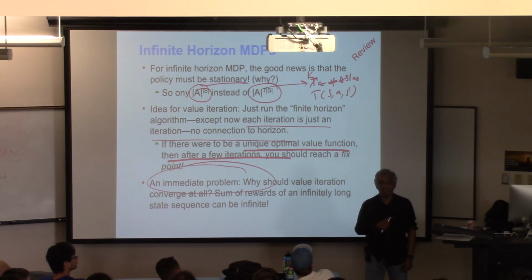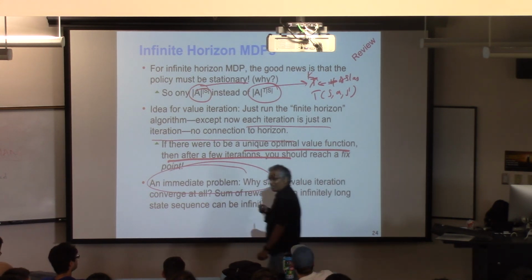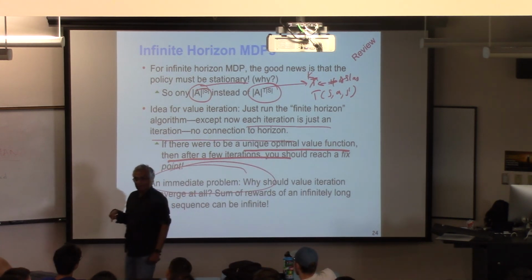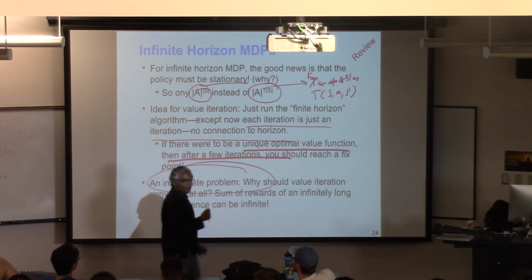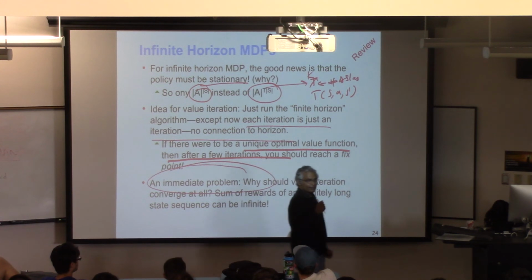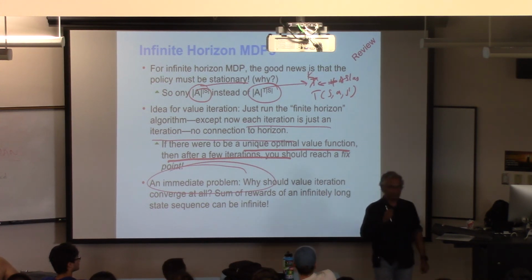Anybody remember geometric series? The calculus? If you have a geometric series with a common ratio r strictly less than 1, then you are guaranteed that that infinite series will sum to a finite number. It's a convergent series.